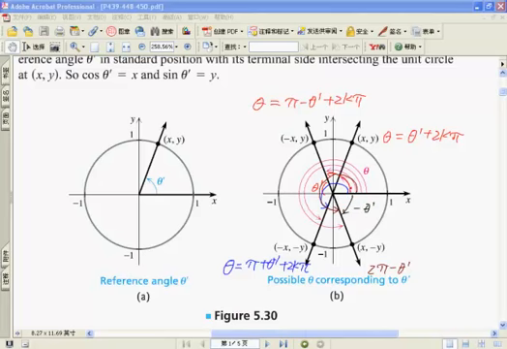So this angle marked by this brown arrow is 2 pi minus theta prime. So in this case we have theta equals 2 pi minus theta prime plus 2k pi. So these are all the possible cases in which an angle can have theta prime as a reference angle. Any question?